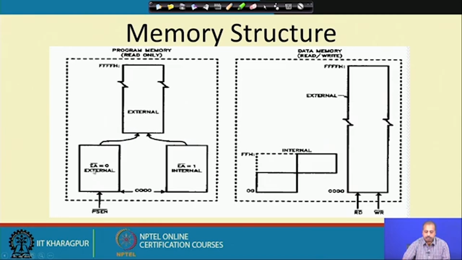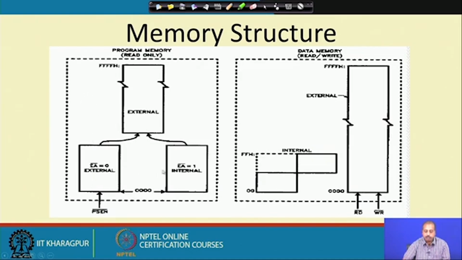In that case we will make EA bar equal to 0, and your entire external memory will be acting as the external EEPROM that we have. So, externally we connect a 64K program memory, and through this pin's line activation, this entire external chip will be accessed.